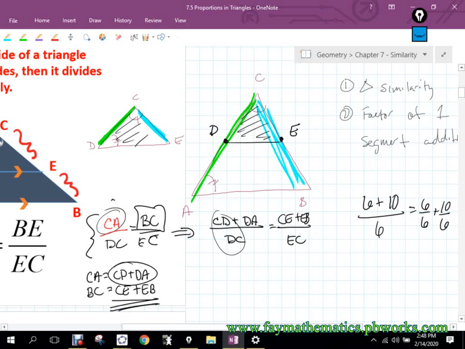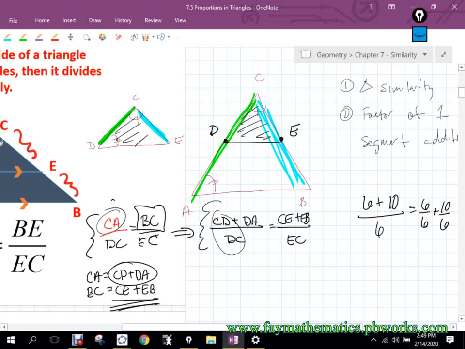Does that make sense? I can separate it that way? That's common denominator stuff. But usually we go from the right-hand side there, 6 over 6 plus 10 over 6, to the 6 plus 10 over 6, and then eventually the 16/6. But we can go both directions with that. And the reason we want to do that here is because I can now break this up.